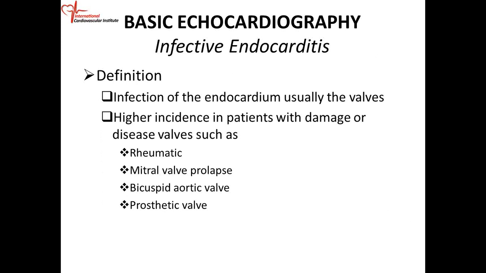We have the drug abusers who sometimes get infective endocarditis with so-called normal heart structures. One of the reasons for that is intravenous drug abusers, when they inject infected material in the venous system, sort of overwhelm the system because they inject so many organisms.